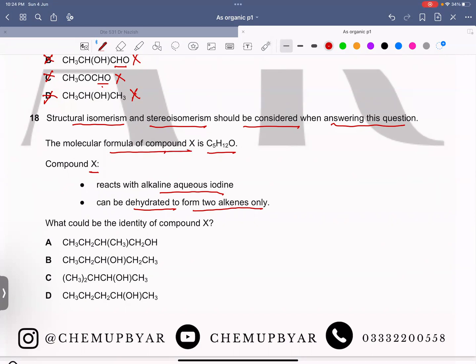Okay. So what they are talking about, compound X is C5H12O. It reacts with aqueous alkaline iodine. So first thing that you look over here, its general formula is CnH2n+2O, right?